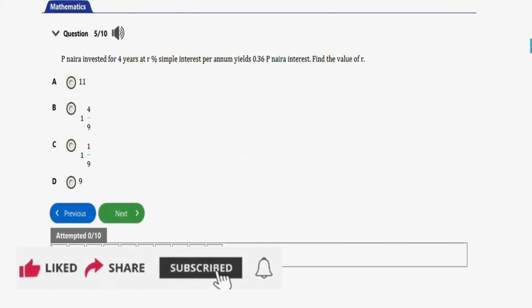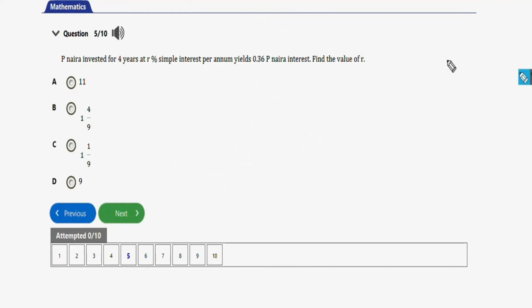So guys, for this question, it says if P naira invested for 4 years at R rate simple interest per annum yields 0.35P naira interest, find the value of R. From our formula, to get our R, we have it to be simple interest times 100 over principal times time.